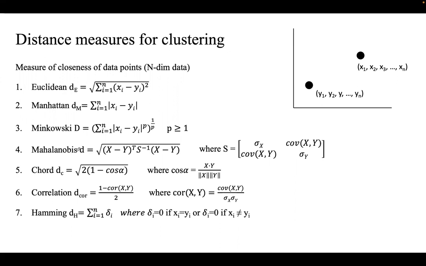Then there is the Mahalanobis distance. If you remember, whenever we talked about marker 1 and marker 2, what if marker 1, that was gene 1, actually controlled gene 2 itself? Then it is similar to our problem of multicollinearity.